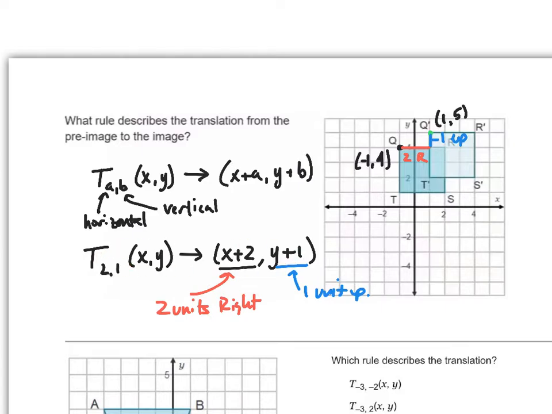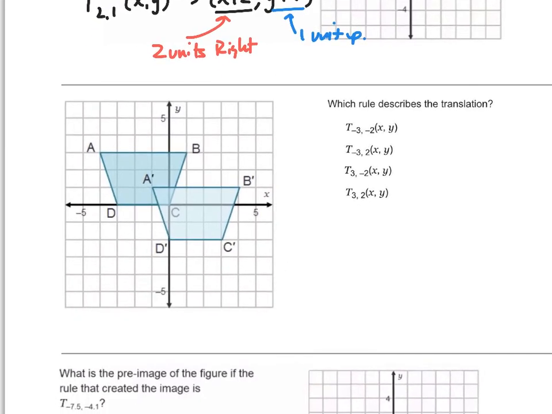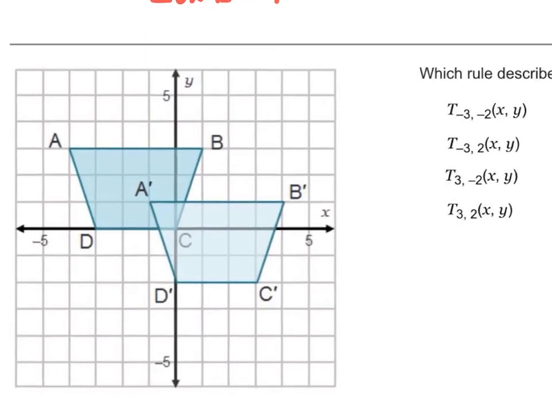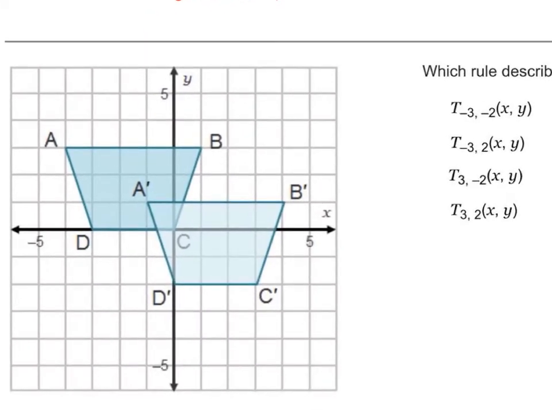On this one, we want to choose which rule describes this translation. To go from point B to point B prime, I'd want to think of my horizontal movement. I would move to the right 3 units, and then this is going to be 2 units down.